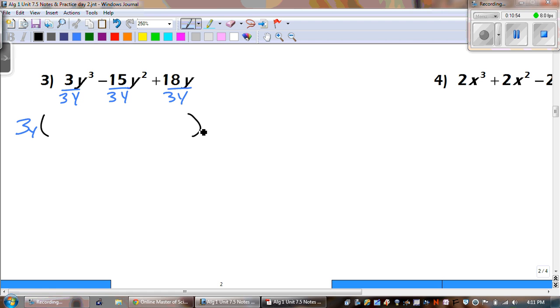And now we divide everything. 3y cubed divided by 3y gives us y squared. Negative 15y squared divided by 3y gives us negative 5. And then 18y divided by 3y gives us 6y. I'm going to drop that 3y all the way to the bottom so it's in my answer.